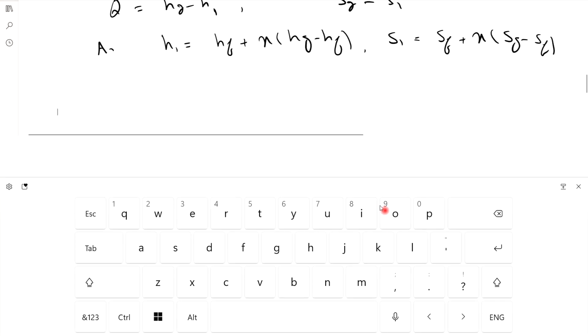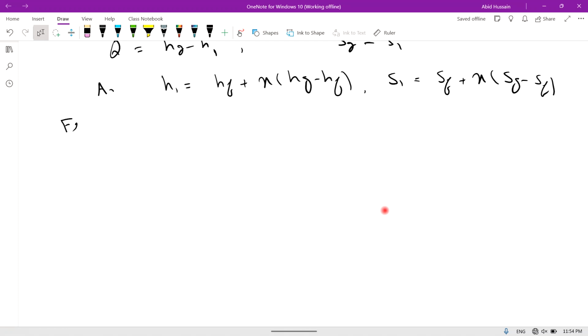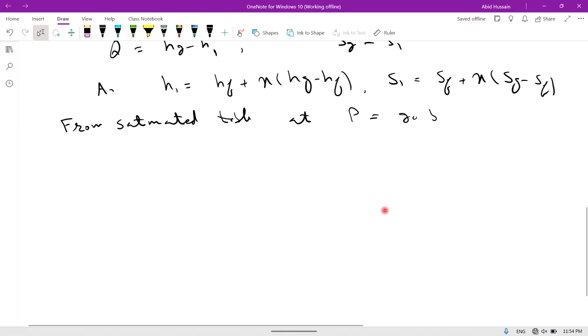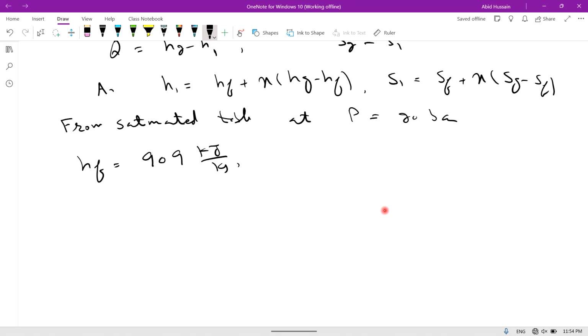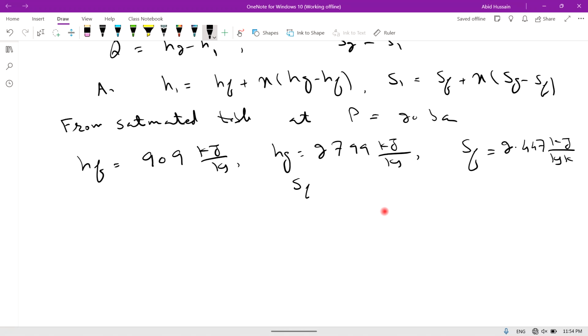So from saturated steam table, at pressure equal to 20 bar, Hf is equal to 909 kilojoule per kg, and Hg is equal to 2799 kilojoule per kg, and Sf is equal to 2.447 kilojoule per kilogram per Kelvin, and Sg is equal to 6.340 kilojoule per kilogram per Kelvin.